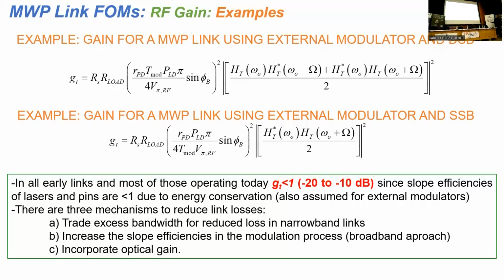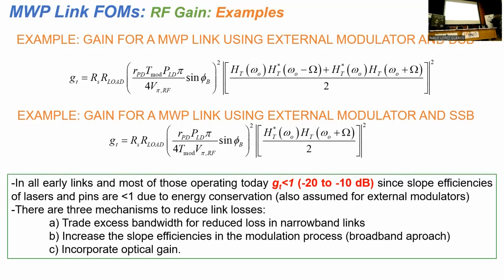Of course, you can change the characteristics of your modulators, and you will hear very frequently that everybody is quite mad at trying to find low VPI modulators. The reason is that it is in the denominator. Or use high power lasers.